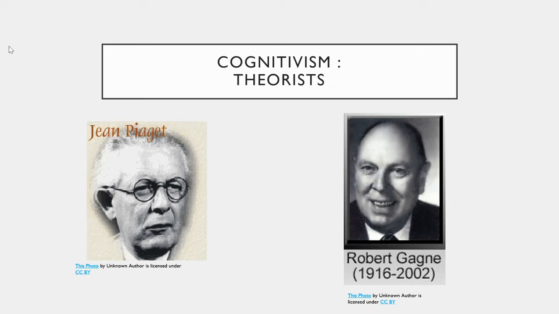They are sensory motor, pre-operational, concrete operational, and formal operations. Robert Gagne is an American educational psychologist. He proposed 9 conditions of learning that instructors should use when planning and designing instruction to help the learners process and understand new content.